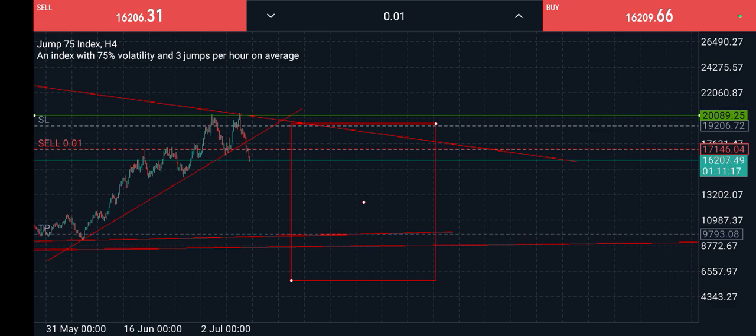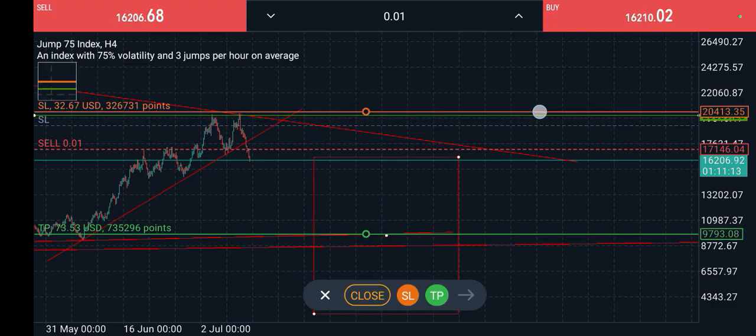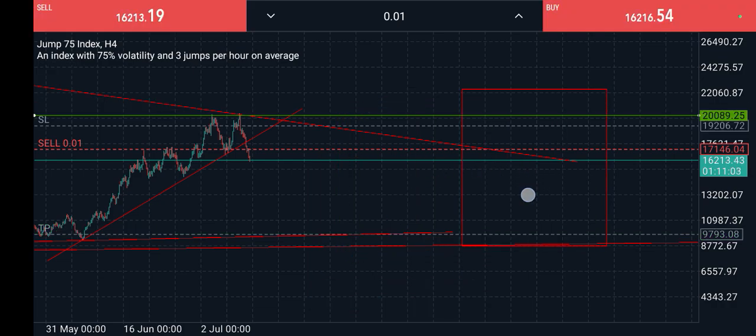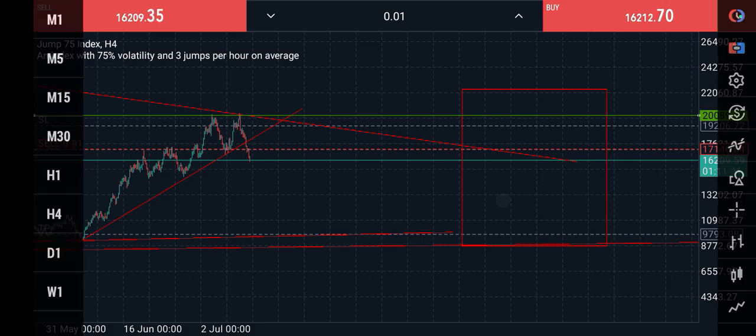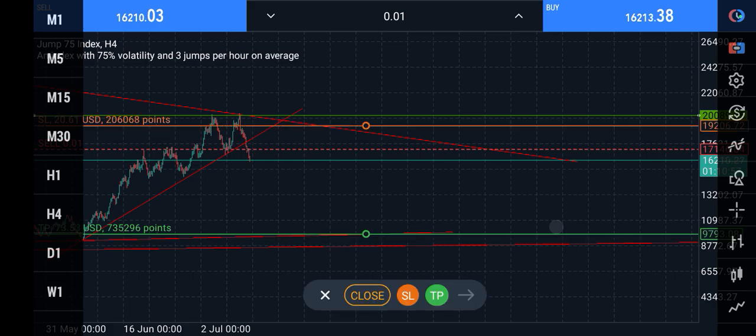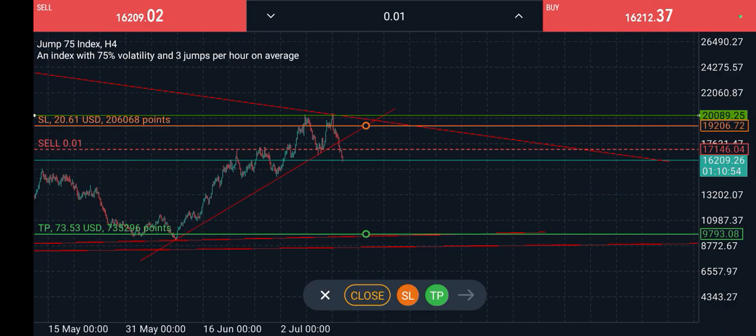You set your SL. You can put your SL here if you are scared, maybe you are just a starter. Your TP will be at any point that the market touches. Sometimes the market might not even touch and will not get to your destination, so you have to always watch your trade sometimes. But this one should come here without any error.